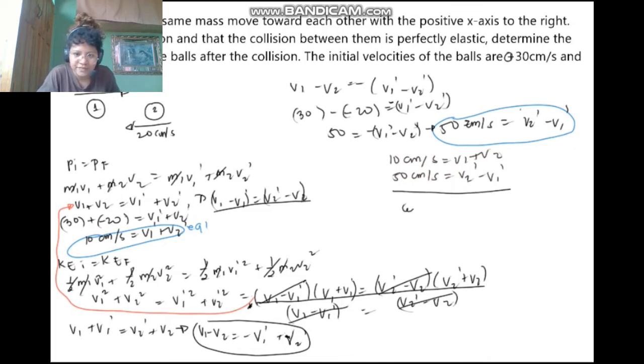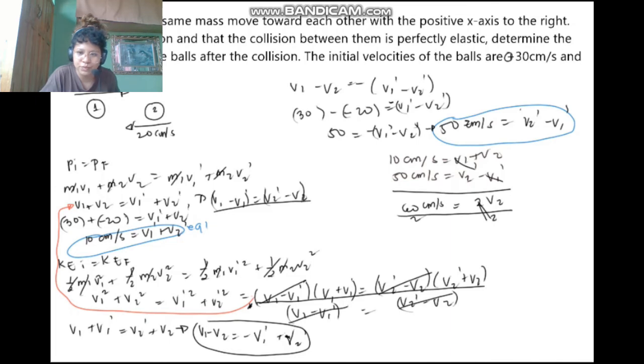We're going to add. We have 60 centimeters per second is equal to, cancel these out, and what's left is 2 v sub 2 prime. And we're going to divide both sides by 2.